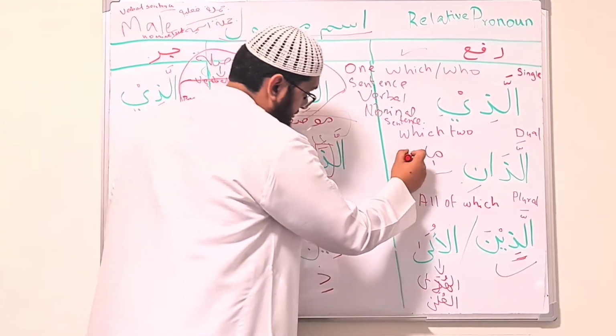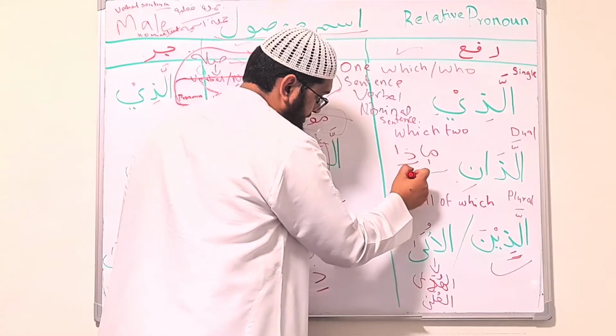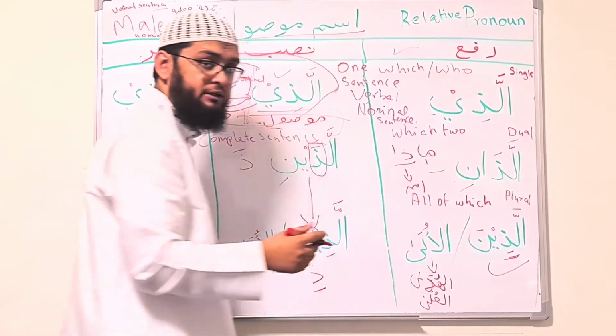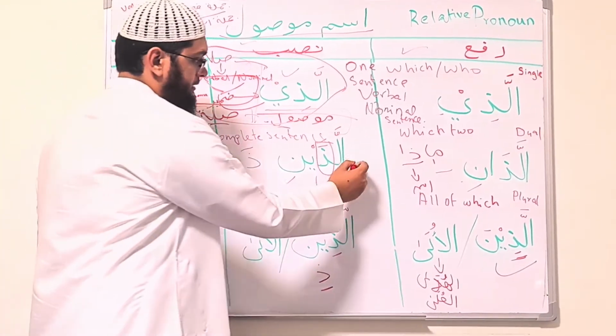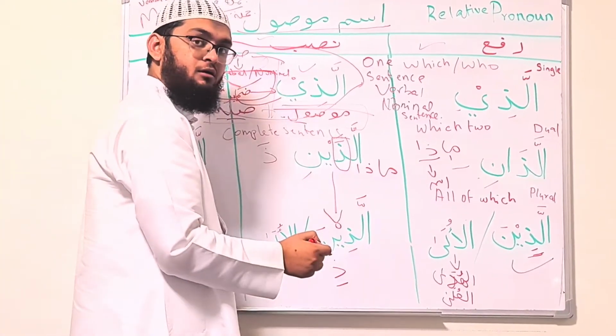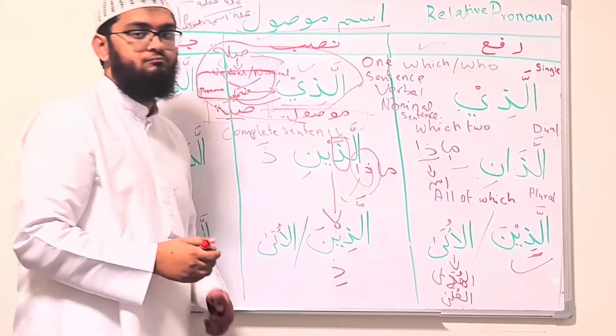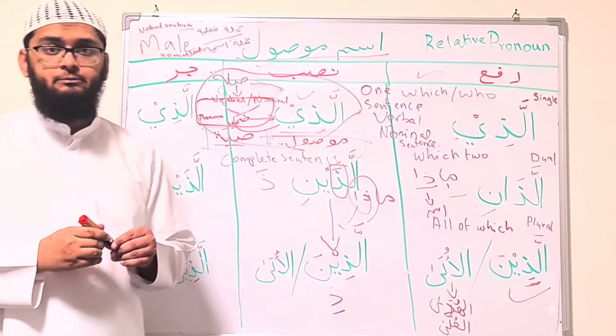After that, if we have dha, this is regarded as ism mawsool. You might have read many texts that say ma dha. So this dha is for ism mawsool, and I will explain in depth.